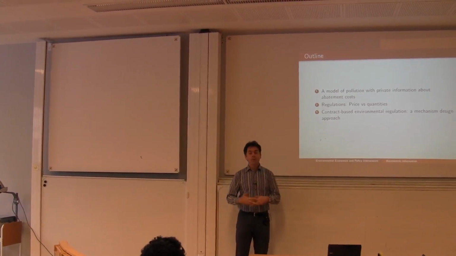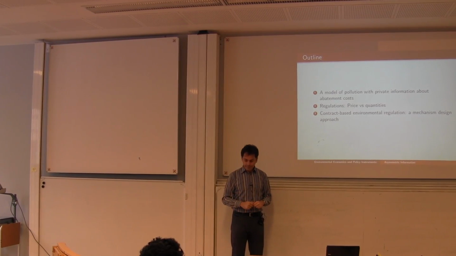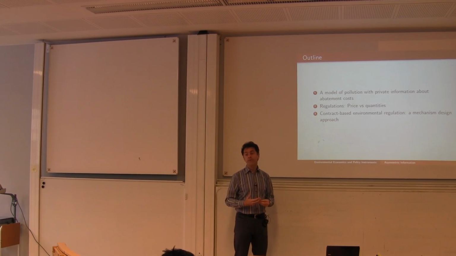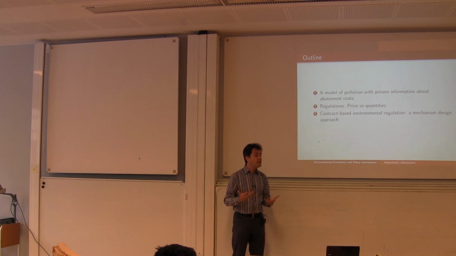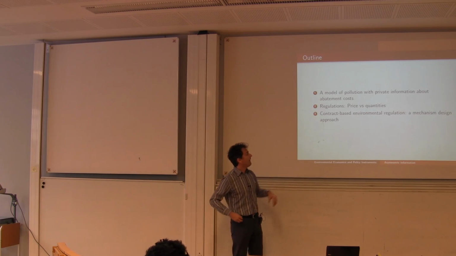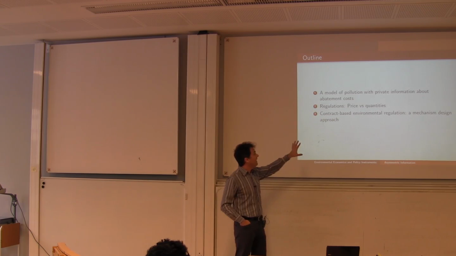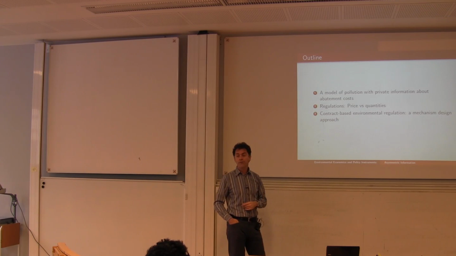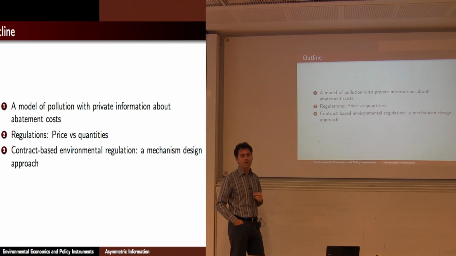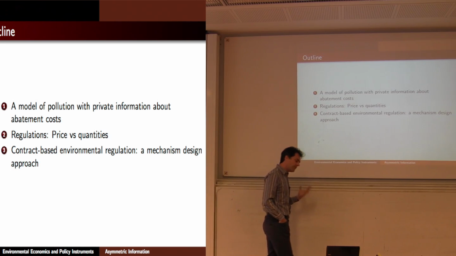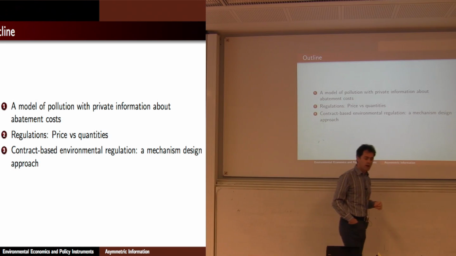And you design this menu in the best way to minimize the cost and to maximize the efficiency of this regulation. So in order to address this problem of designing those contract-based regulations, we will use mechanism design, the standard theory of mechanism design, also called the economics of information.